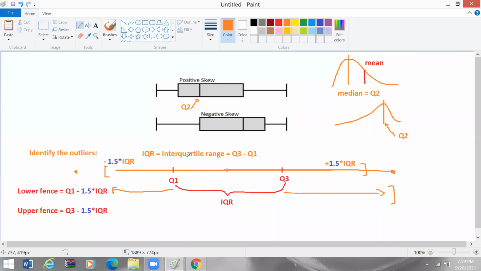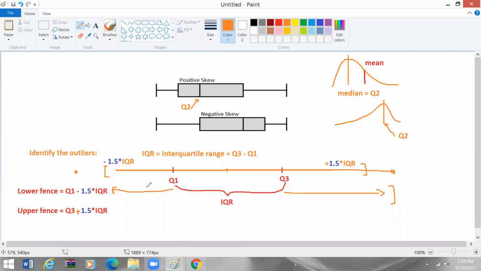I feel like you put the wrong sign, right? Where it says upper fence, it should be positive, right? Add 1.5. Yes. So when we set up the lower fence, we need to subtract 1.5 times IQR. But when we set up the upper fence, it should be adding the 1.5. Yeah. I'm so sorry, I just had a little mistake right there.